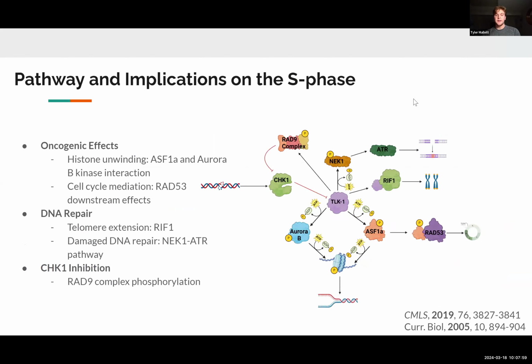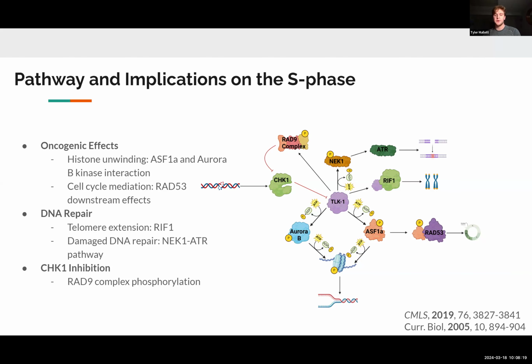Nuclear in origin, TLK1 has oncogenic functions, and its primary substrate, a protein called ASF1A, shown there in orange, is phosphorylated at many sites, which gives the protein an overall negative charge, allowing for interactions with histones H3 and H4, promoting replication-coupled chromatin assembly.